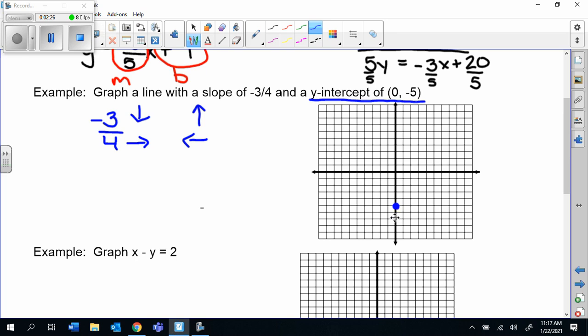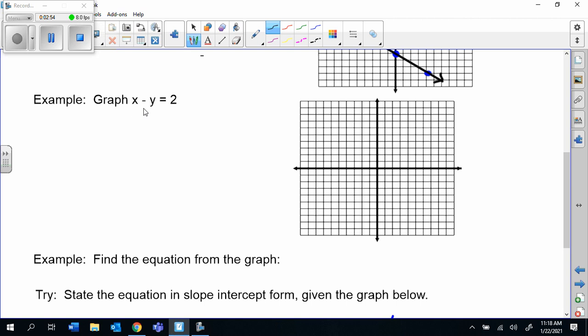So down 1, 2, 3, over 1, 2, 3, 4, or up 3, left 4. The reason I keep talking about that over and over again is because sometimes you run out of space on your graph, and so it makes sense to go in the other direction. And then remember your little arrows right there.